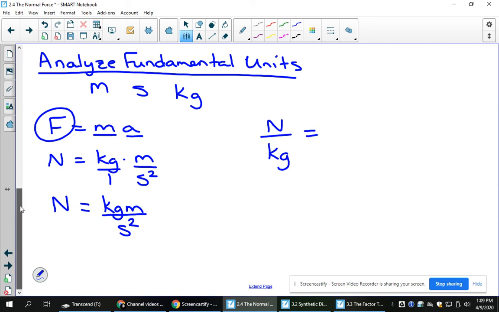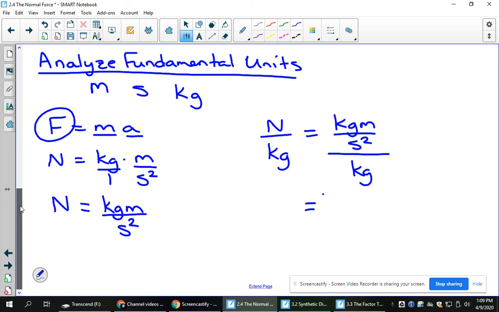Here I go, subbing in the fundamental units for kilograms, or pardon me, for newtons. Kilogram meters per second squared, that's what a newton is. And we were in this question dividing by kilograms. So yes, the kilograms cancel, but when you have fractions within fractions, it can be difficult for you to know when things can actually cancel.